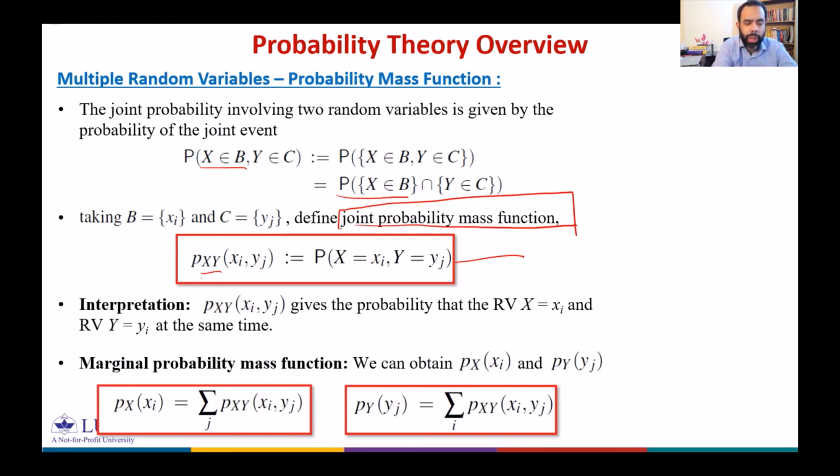For example, from this joint PMF, we can recover the PMF of random variable x by summing the joint PMF over different values of the other random variable y. Right? And similarly, we can recover the probability mass function of y from the joint probability by averaging out the random variable x.